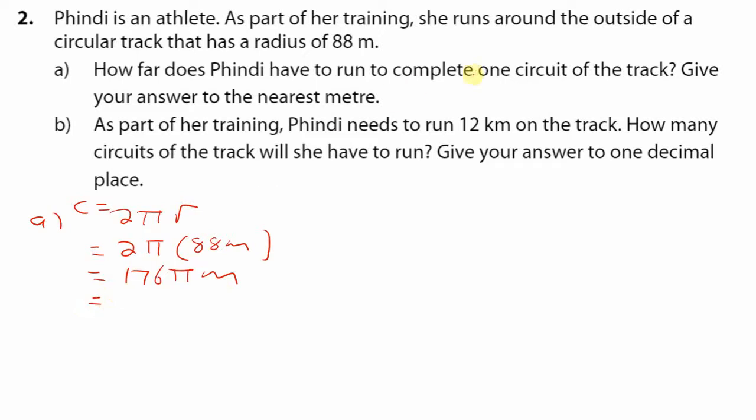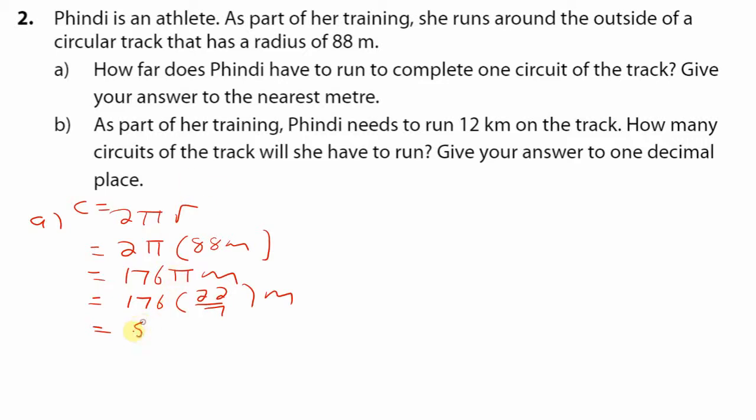Okay, but in this particular question they want it to the nearest meter. So that implies we have to replace pi with something like 3.14, or 3.142, or 22/7, to get an approximation. So we can take the 176, multiply by 22, and divide by 7.